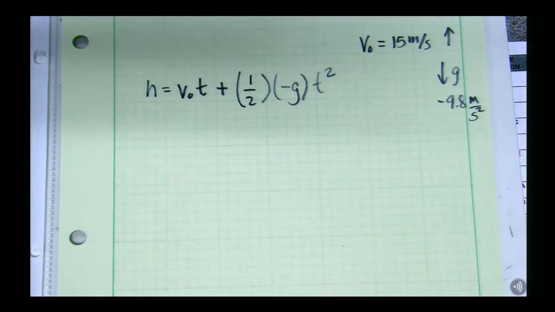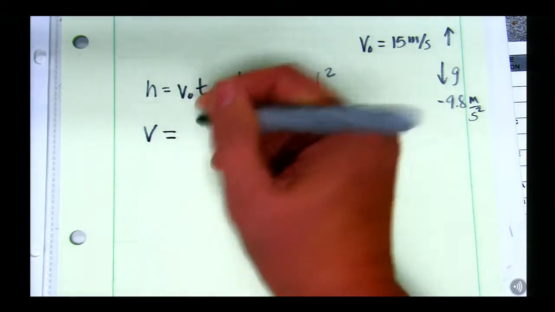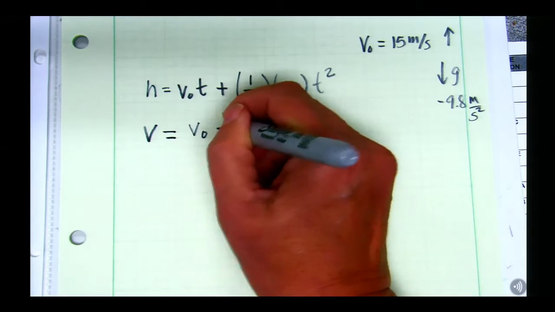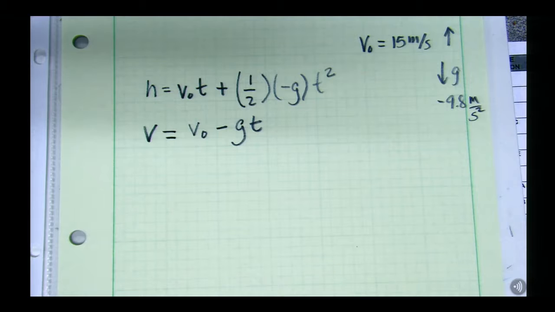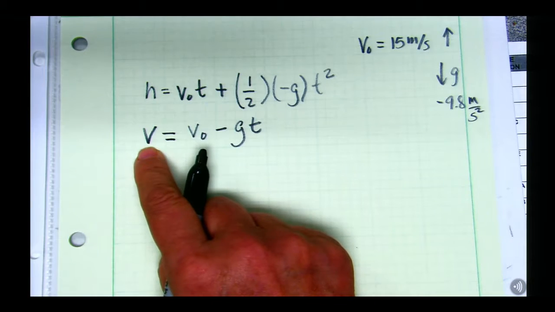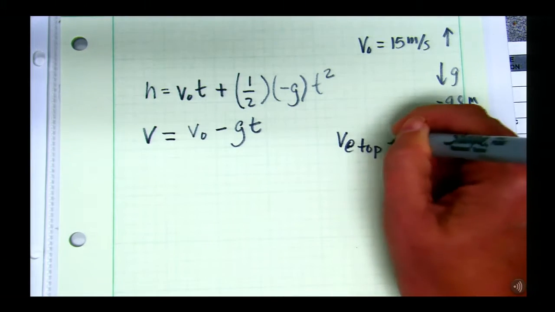Well, I have another equation I can go to: the final velocity is equal to my initial velocity minus my acceleration due to gravity times time. I know what the velocity at the top is. Velocity at the top has to equal 0, but I still don't have time.